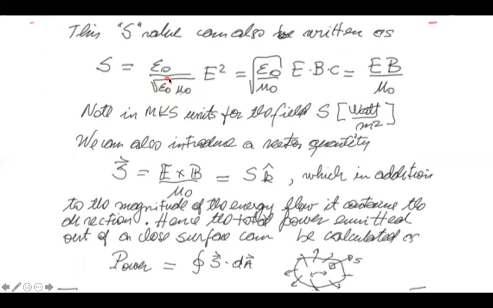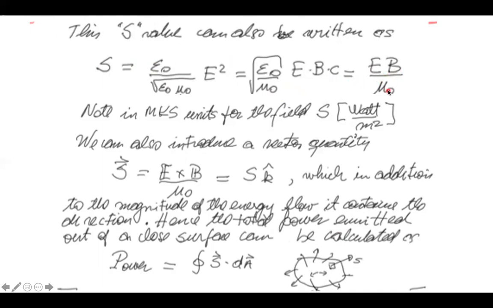I'm just rewriting whatever I had in the previous slide, and taking that into account, I can now write one of the E fields in terms of the B field. So the S value would be E times B divided by mu naught.